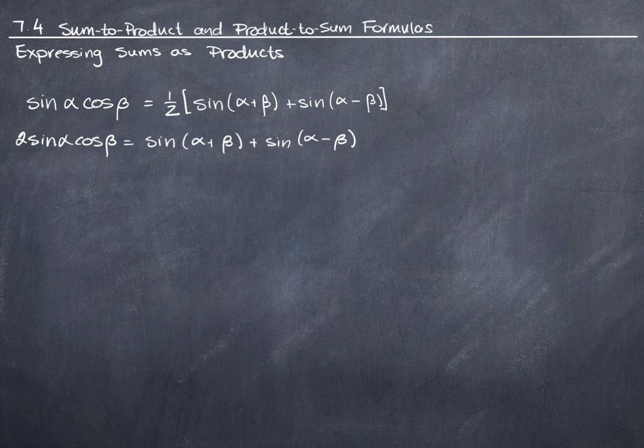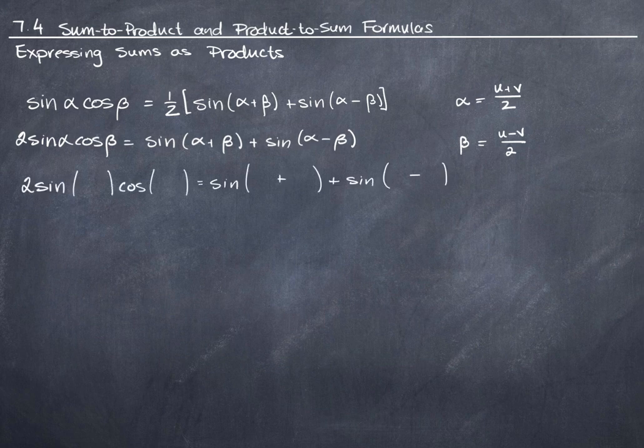So if I take alpha and I call it u plus v over 2, and I take beta and I call it u minus v over 2, and then I go back into this formula and replace all my alphas and betas with these two things, it ends up looking like this.